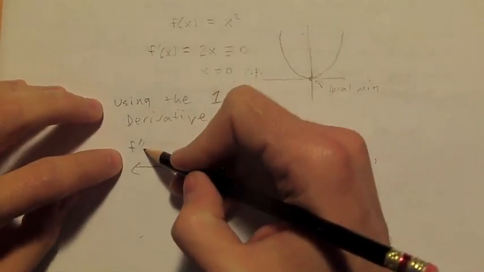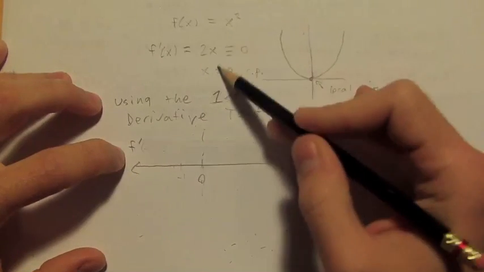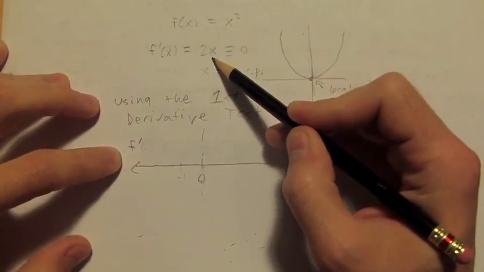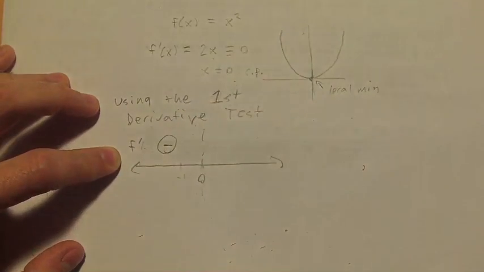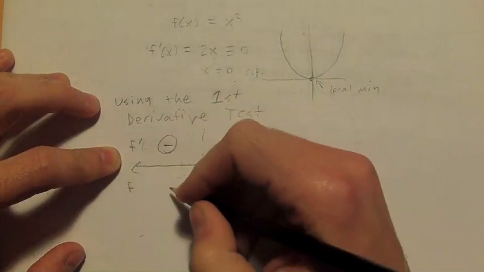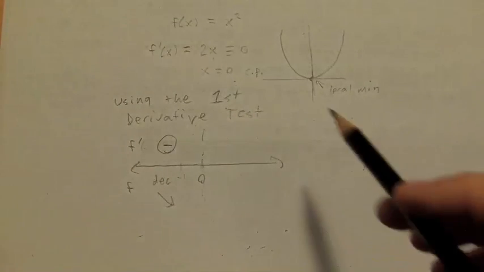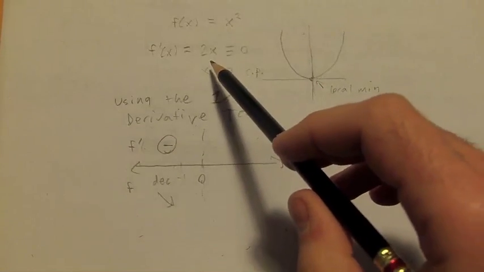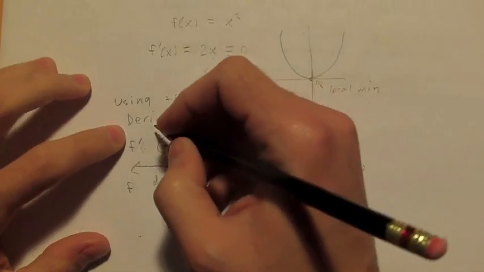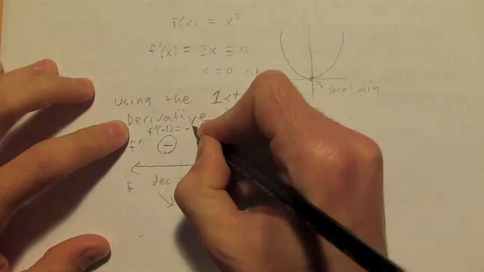Okay, so for f prime, if I check, I don't know, -1, it doesn't really matter, but if I plug in -1 into f prime, I get -2. So it's negative on this side. Okay. That means f is decreasing or going down. And to the right of 0, if I plug in a positive number into 2x, and maybe I should show what I'm doing here. f prime, here I might plug in -1, which would give me -2.